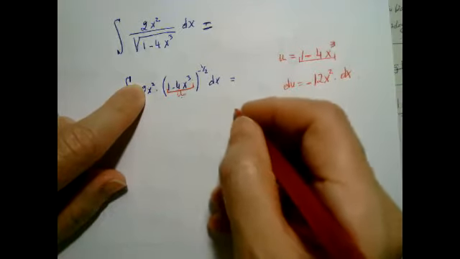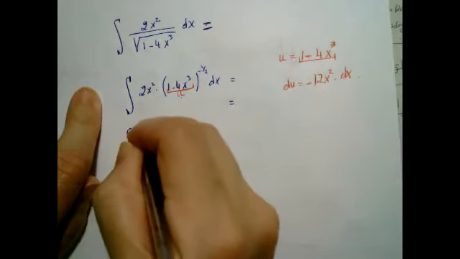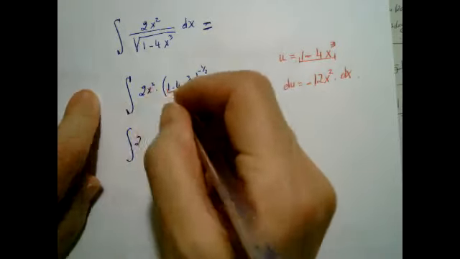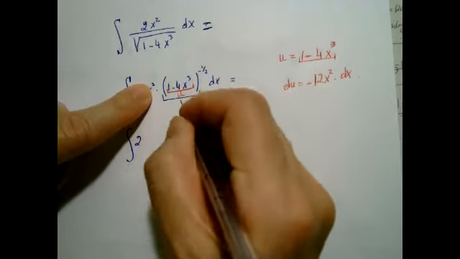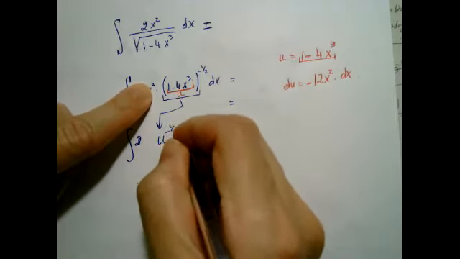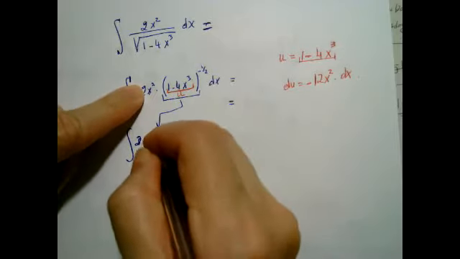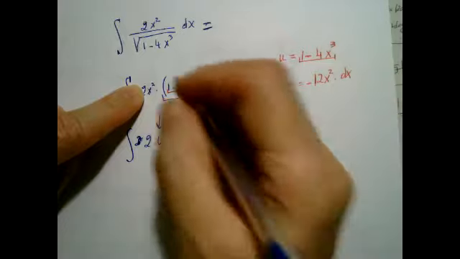Okay, so this is equal to the integral of, the 2 is not, okay, the easy part, u to the power minus a half. Now x squared dx, the 2 I'm going to keep because it doesn't seem to show up anywhere.